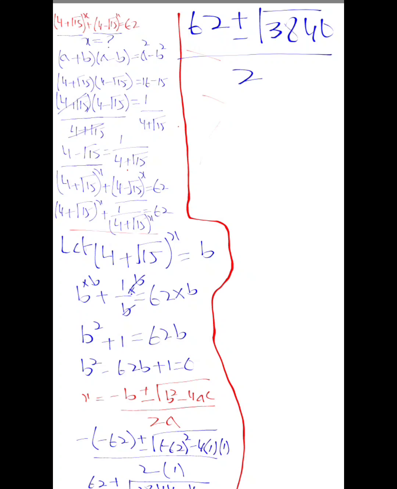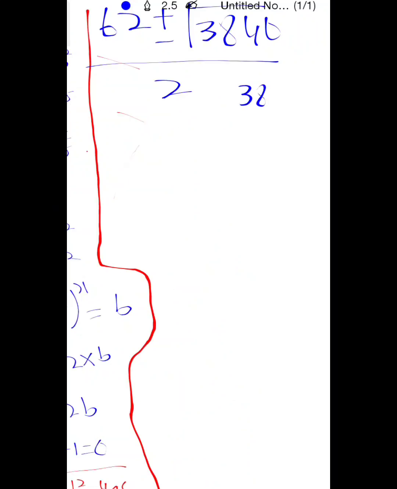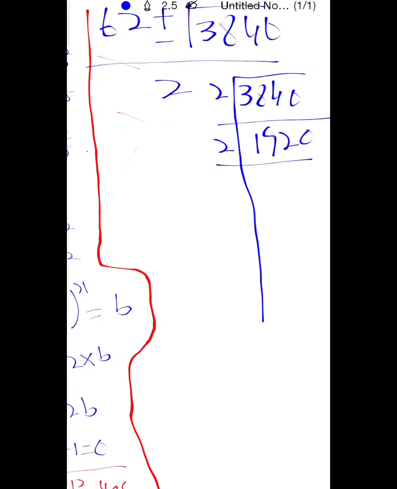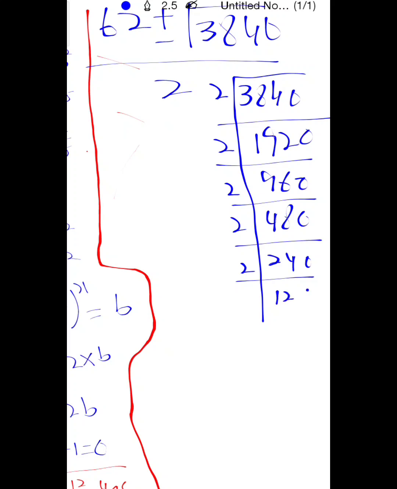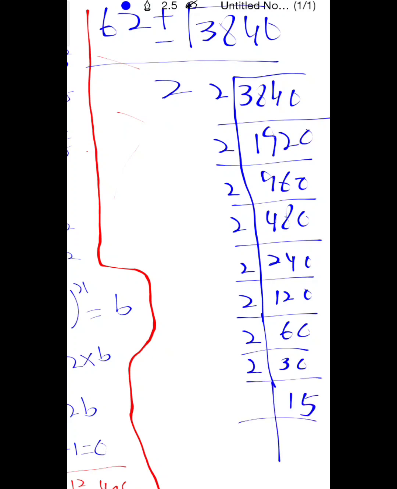To find the root of 3840, we will find its factors. Dividing by 2, 1920, dividing by 2, 960, once again dividing by 2, 480, once again 240, 120, dividing by 2, 60, dividing by 2, 30, 15 times 2 is 30, and 3 times 5 and 5 times 1.